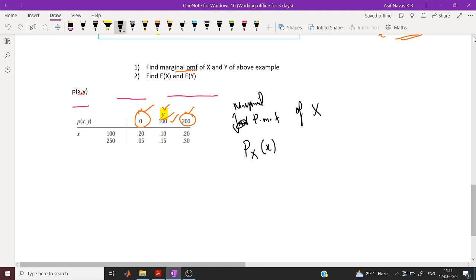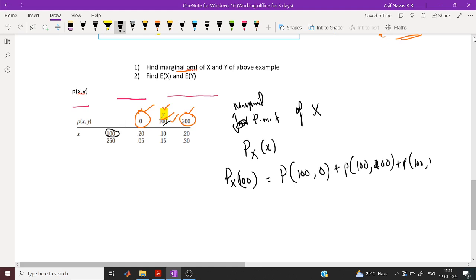X takes the values 100 and 250. So Px of 100 is equal to, we fix 100 and vary y: p of 100, 0 plus p of 100, 100 plus p of 100, 200.